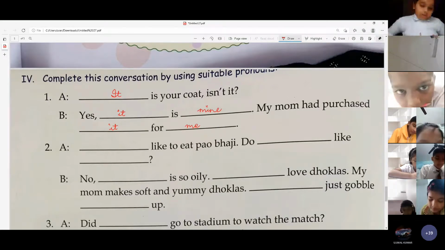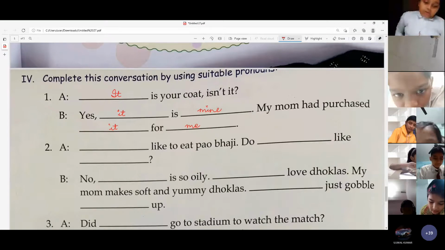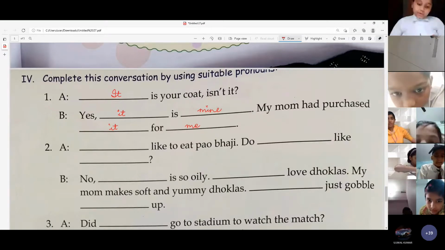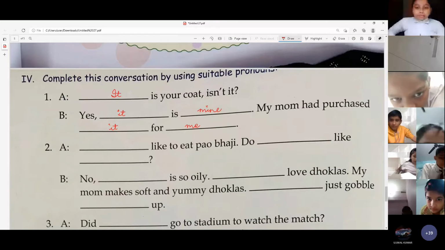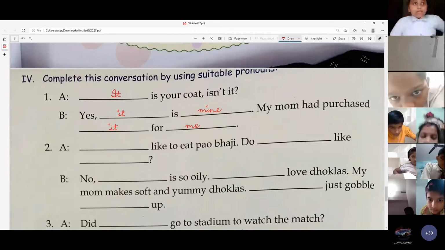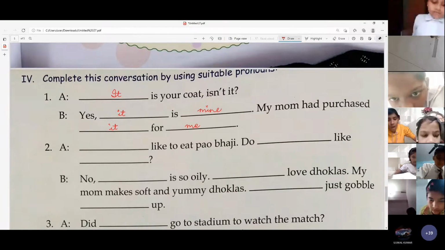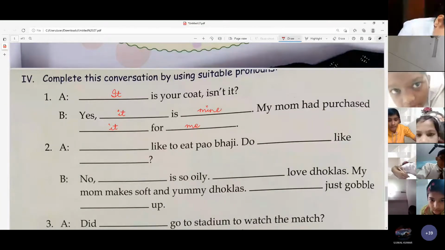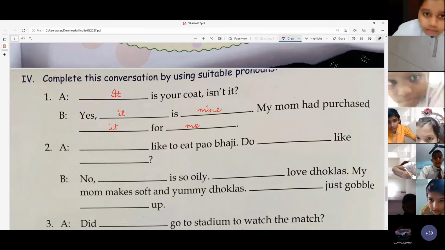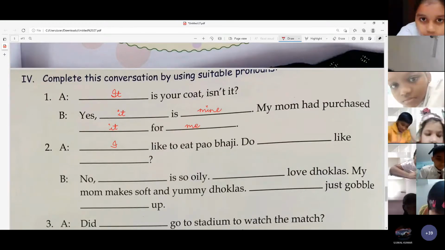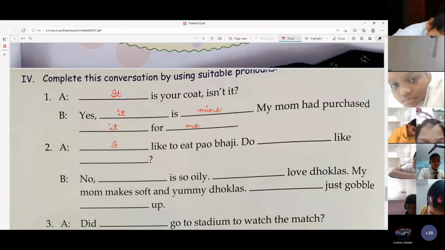Second conversation. I am reading out the sentences, you please only answer. I like to eat pav bhaji.